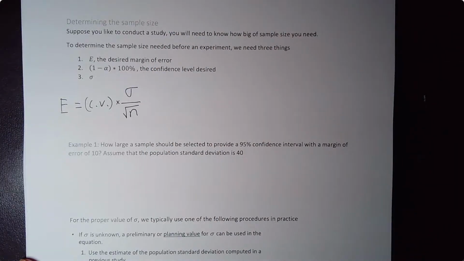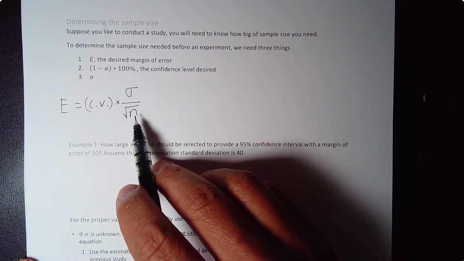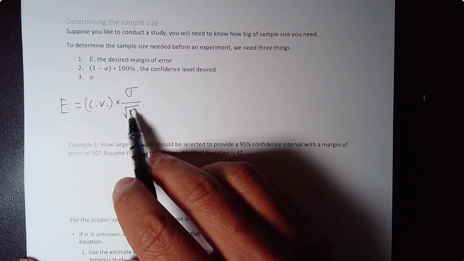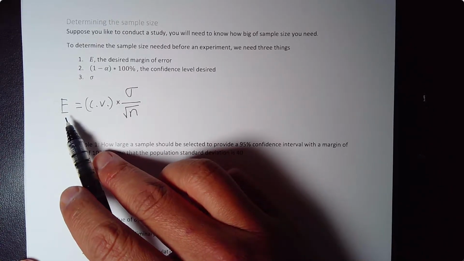Now what I want you to focus on is where n, the sample size, is. Sample size is in the denominator, and the larger the sample size is, the smaller the margin of error.